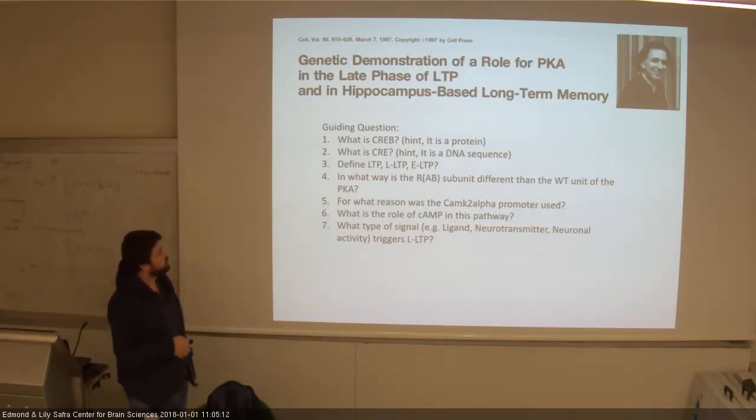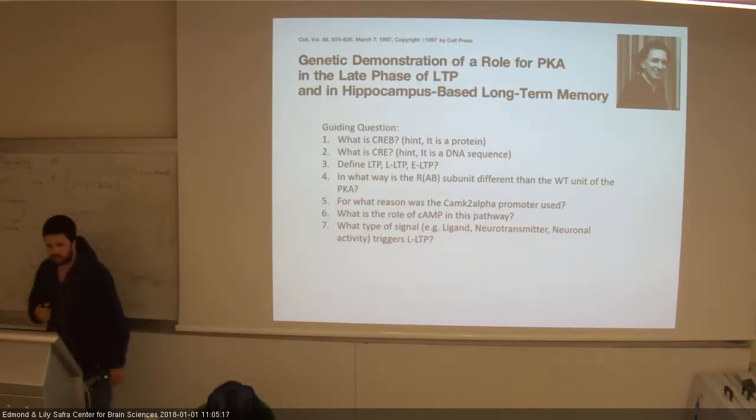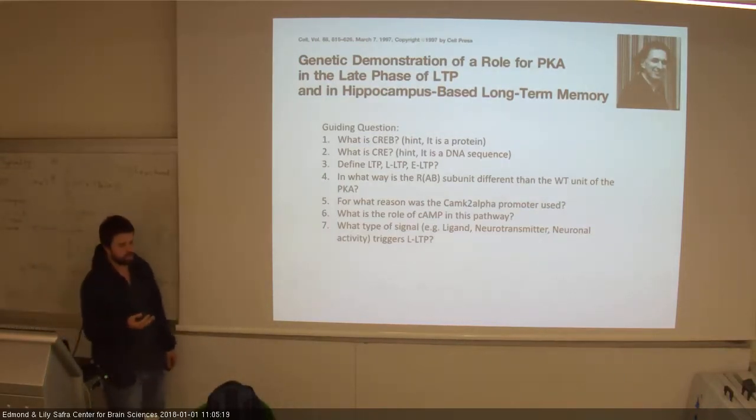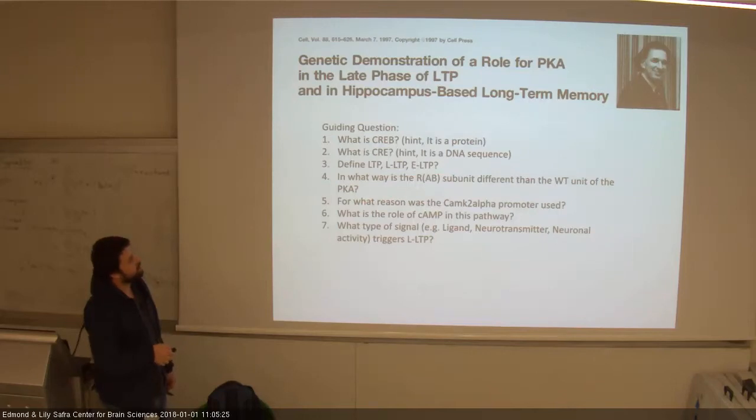Yeah, so it's what we call a dominant negative form, meaning that even if one allele, one copy of it, is present in the cell, it will cause a reduction in the activity of the PKA. So they used it in order to diminish the levels of PKA, but not to delete it completely.